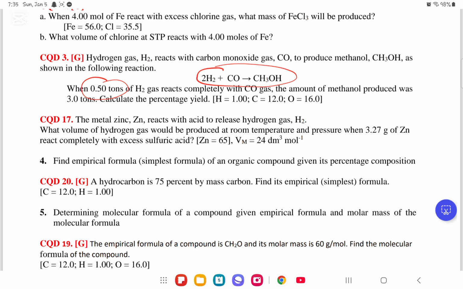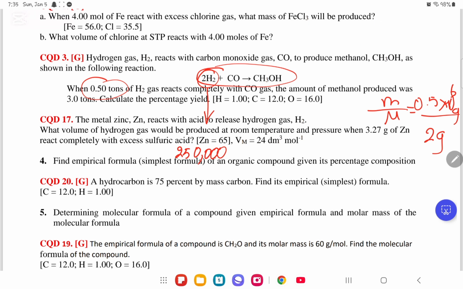We did mass divided by molar mass, which became 0.5 times 10 to the power of 6 grams divided by the molar mass of H2, which is 2 grams. Then we got 250,000 moles.